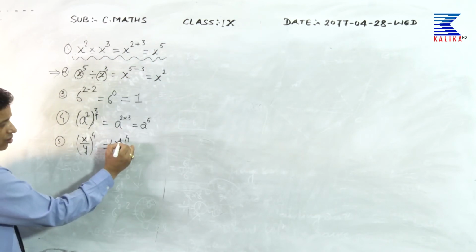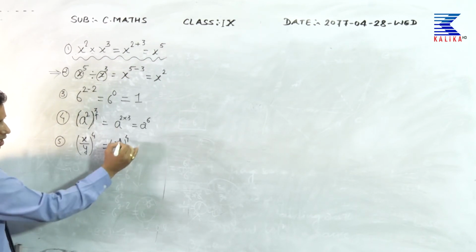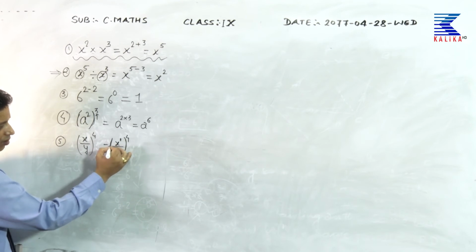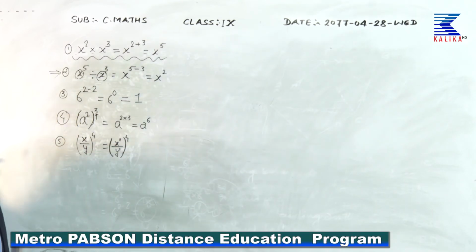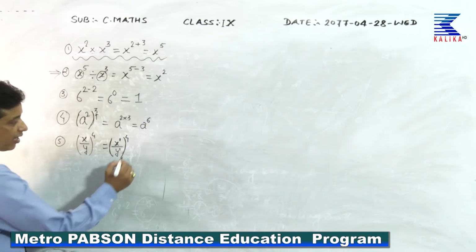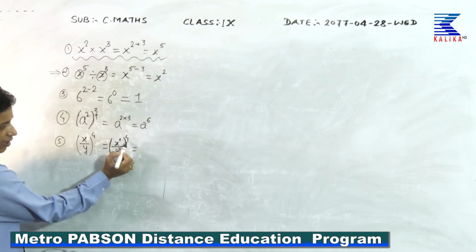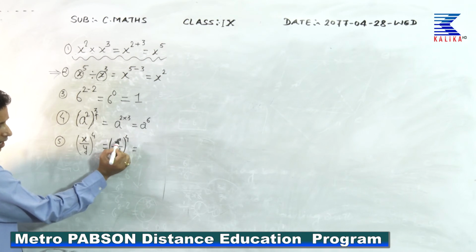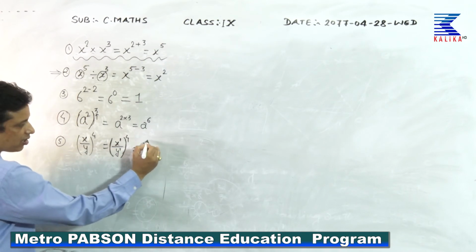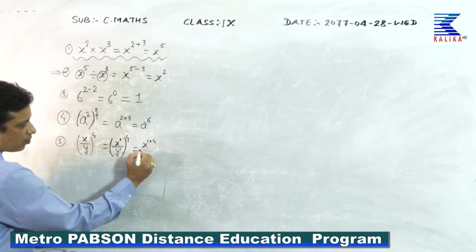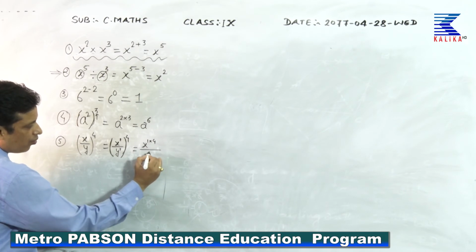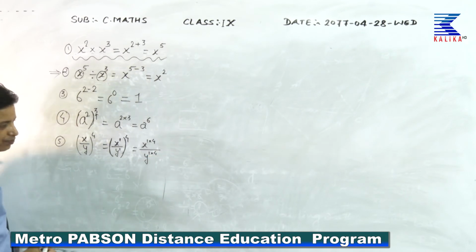this is x to the power 1, this is y to the power 1, and there is whole to the power 4. This is also the case of raising a power to a power. Here what we do? This 4 should multiply this power, x 1 times 4, y 1 times 4.